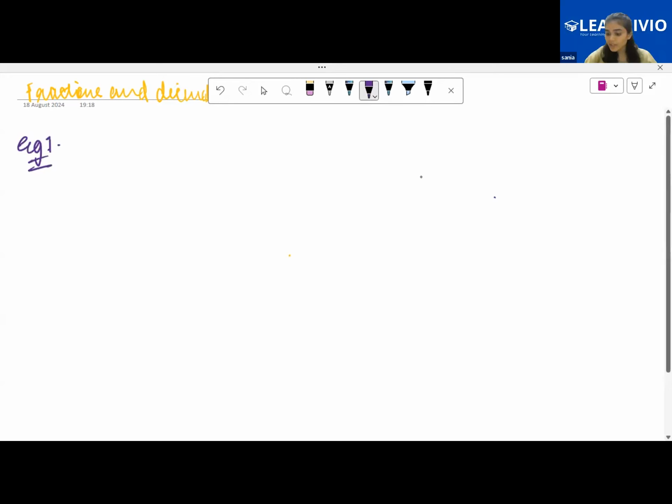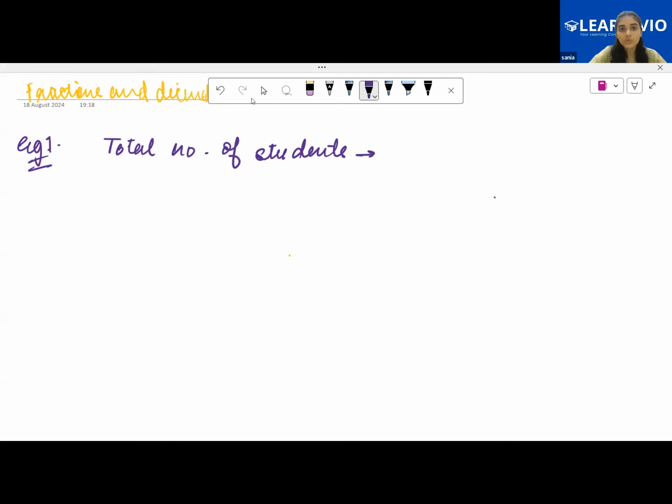Example number 1 reads, in a class of 40 students, 1 by 5 of the total number of students like to study English. So what are the total number of students in the class? Then 1 second. That's not the first example for me. What is the first example in your textbook?